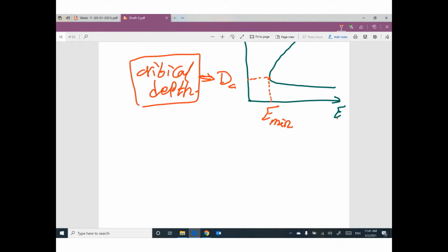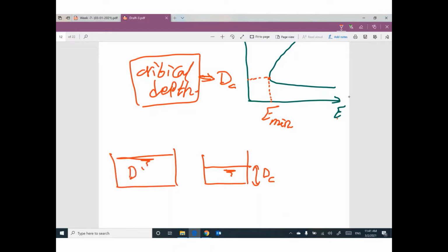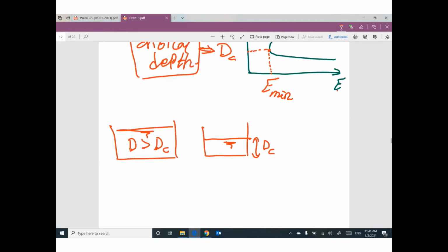Because if the water depth in the channel is greater than the critical depth, that means your flow will be subcritical flow.